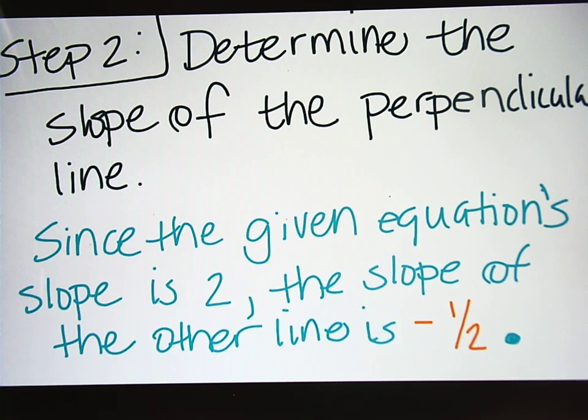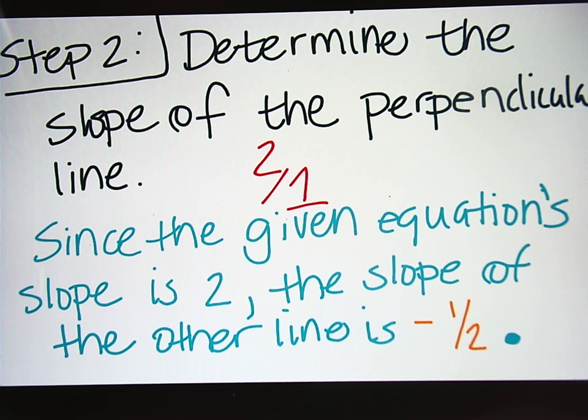Step 2, determine the slope of the perpendicular line. Since the given equation's slope is 2, the slope of the other line is negative 1/2. The given line's slope is 2 over 1.